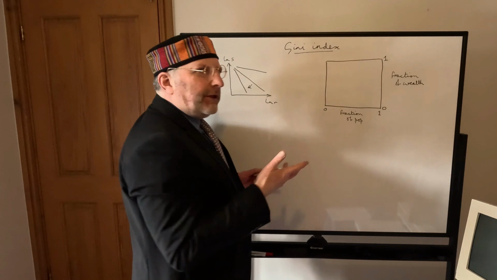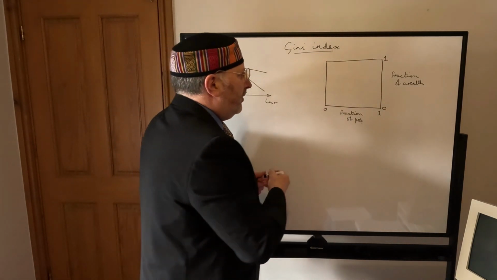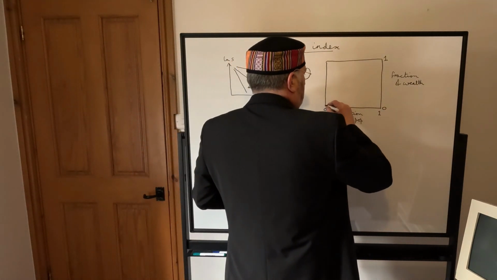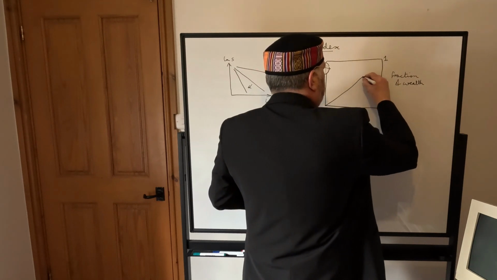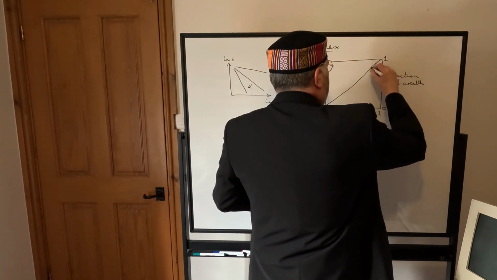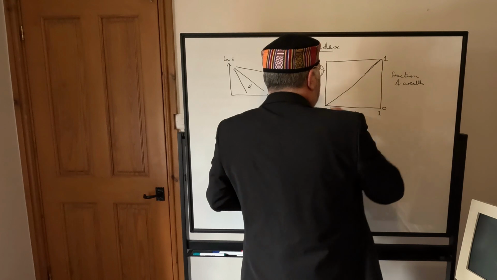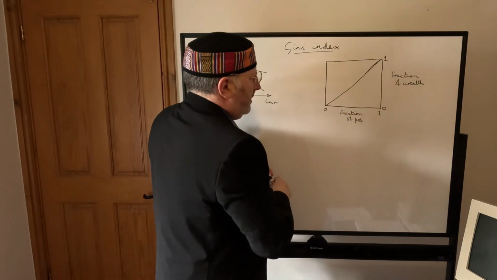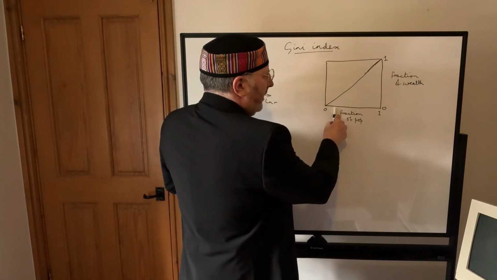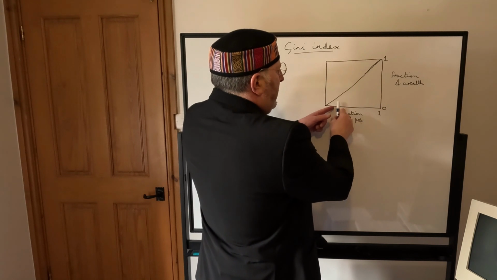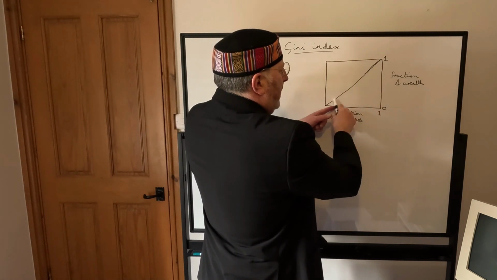Well, if everybody had equal wealth and we plotted this so-called Lorenz curve, it would just be a straight line. Because that would mean that if we took the first 10% of the population, they would have 10% of the wealth.